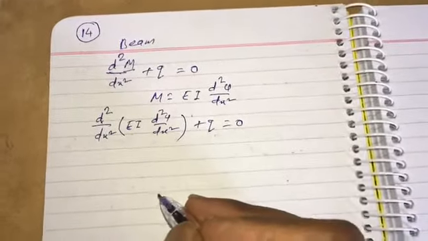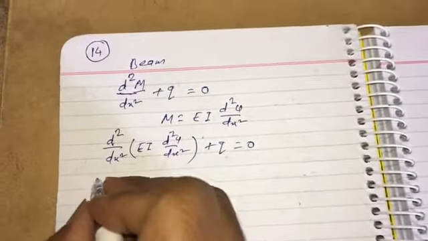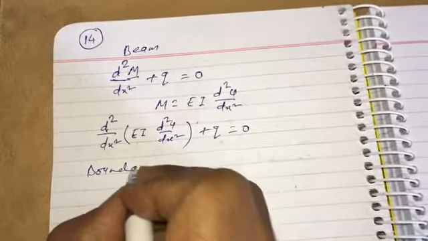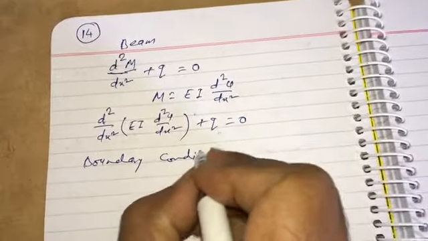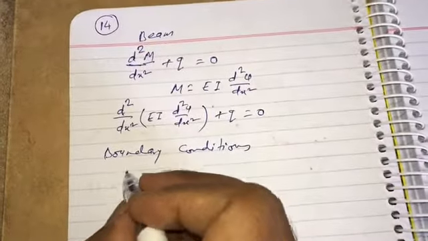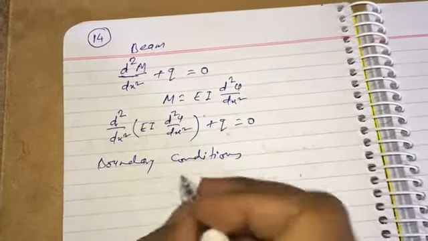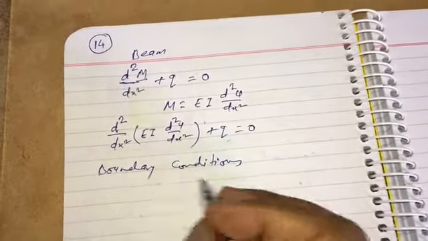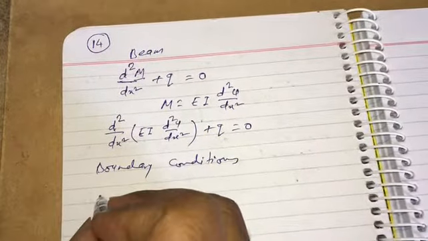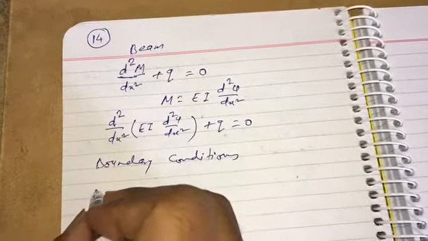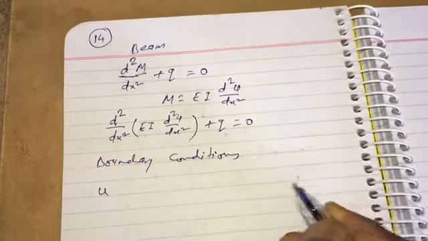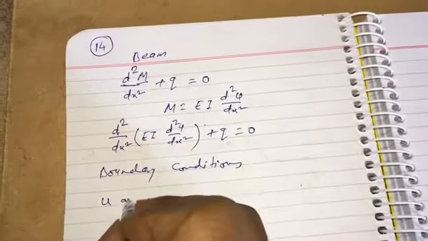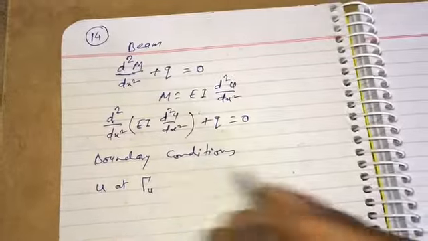Along with that, what we need is the boundary conditions. As you know, it will have 4 types of things. In a beam, either you have the vertical displacement given somewhere, so u at some gamma u will be given.